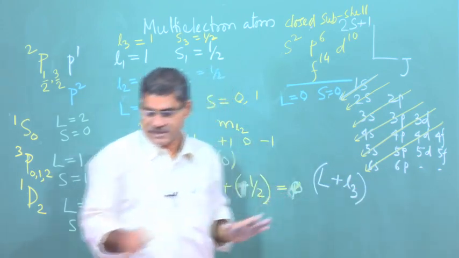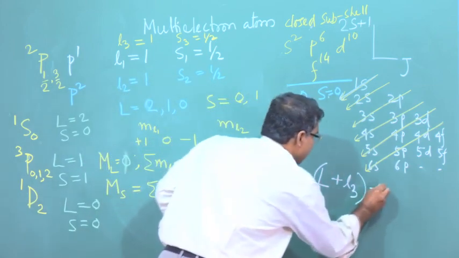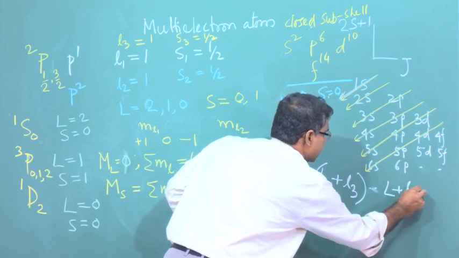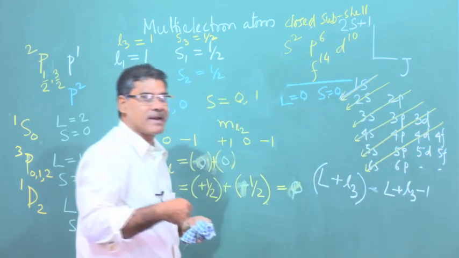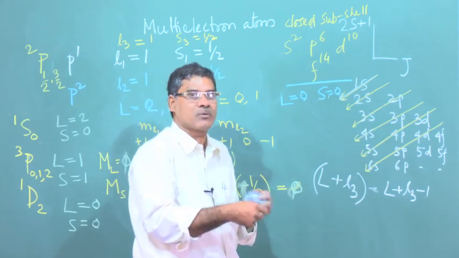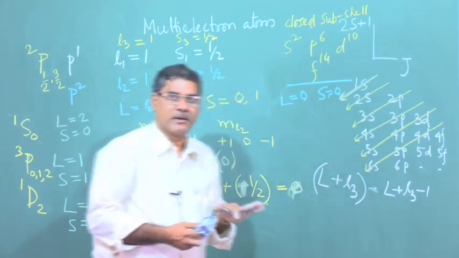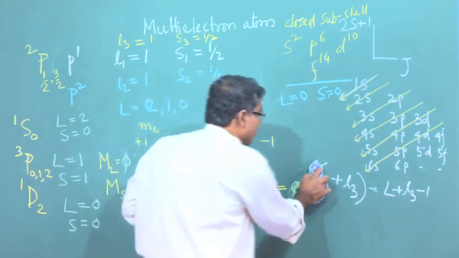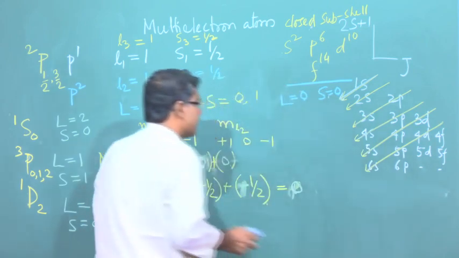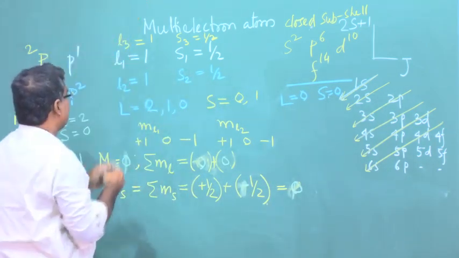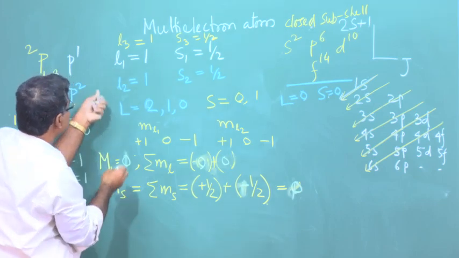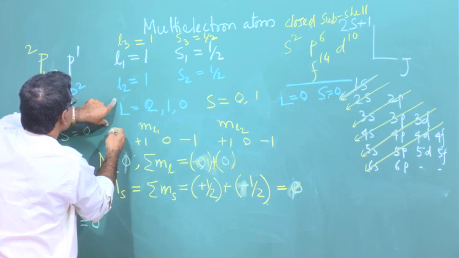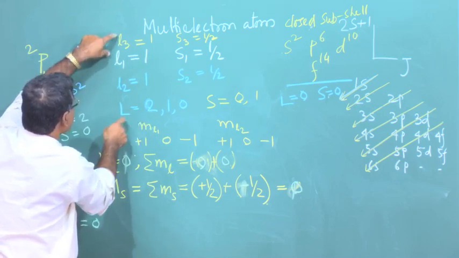So, it is L plus L3, L plus L3 minus 1, L plus L3 minus 2, etc., up to L minus L3. For L, S and J, for everything we do the vector sum in the same way. Then I will get the resultant L, where this is for 2 electrons and this is 1.